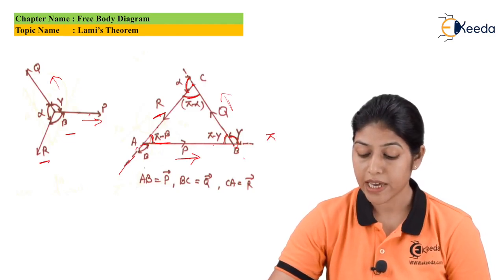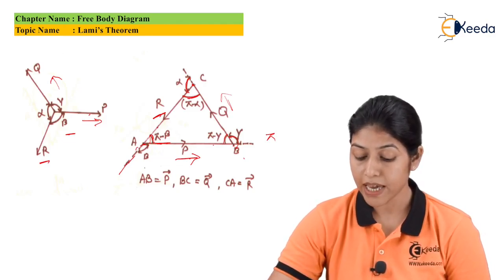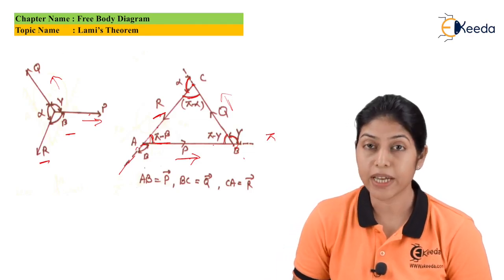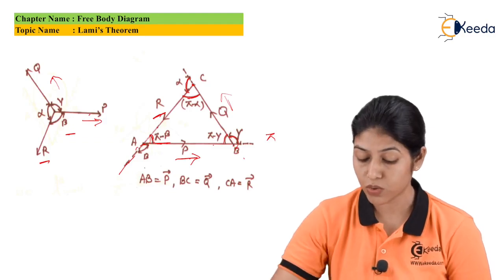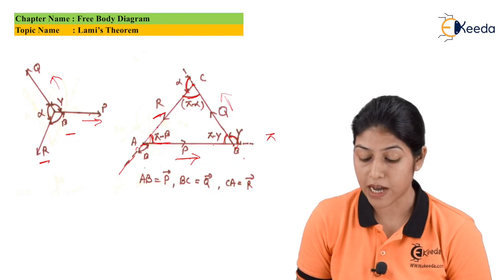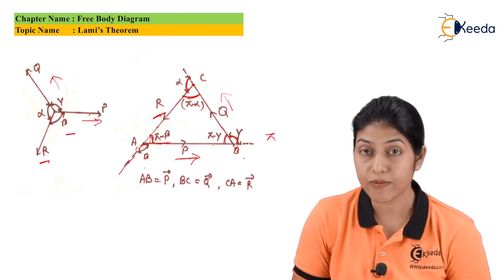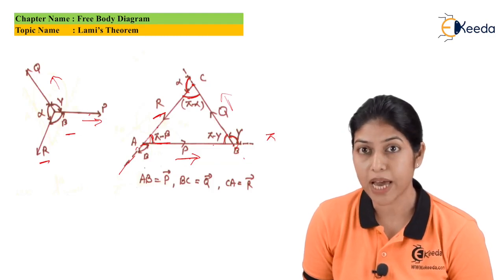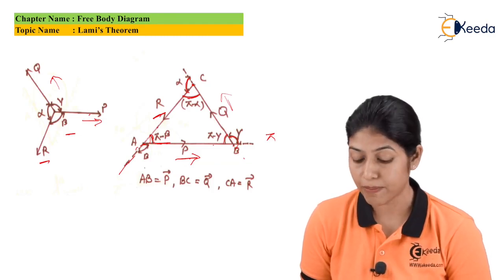Now if we take BC, the angle in front of BC is pi minus beta. So it will be equal to BC divided by sine of pi minus beta, and the third term is CA, which is representing R, and the angle in front of R is pi minus gamma.